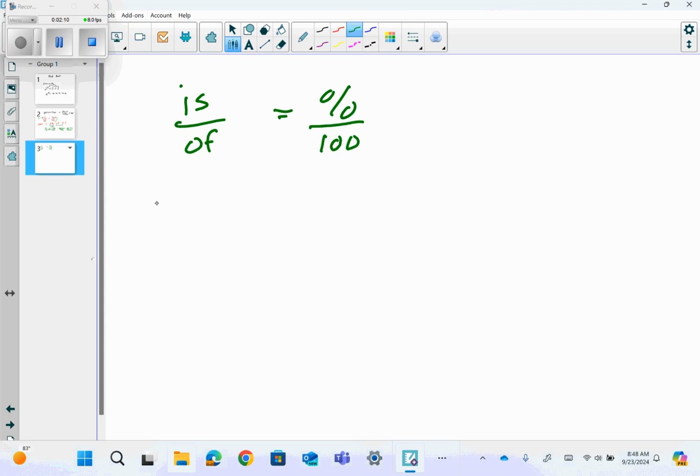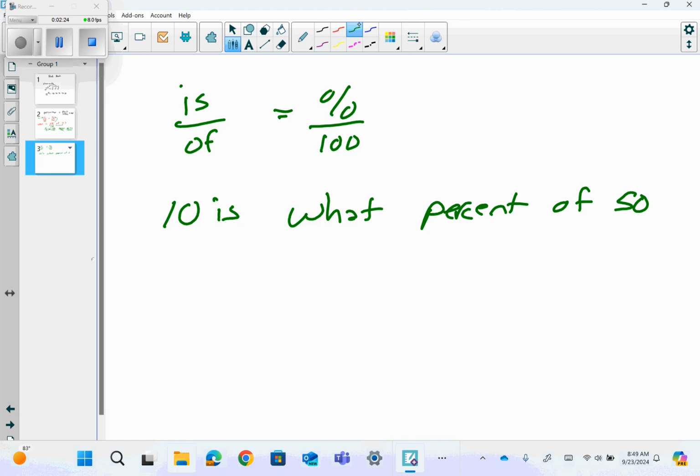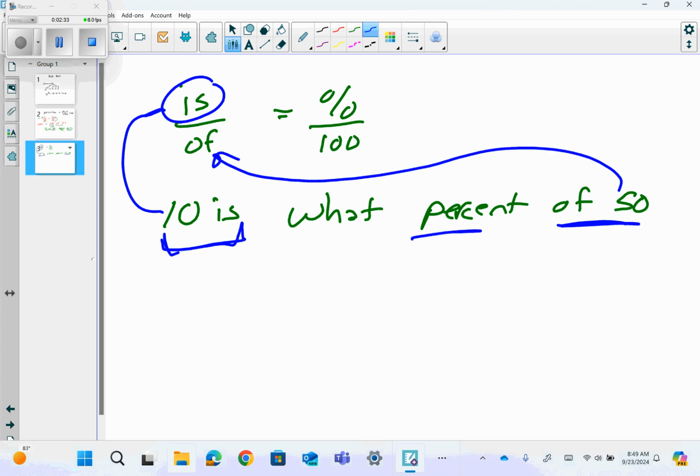Another type of is over of equals percent over 100 is if you have a problem that looks like this. Say it says, 10 is what percent of 50? A few things you look at. The 10 is going to go in the is spot. Of 50 is going to go in the of spot. We don't know the percent, so that's going to become x. So I'm going to go 10 over 50 equals x over 100.